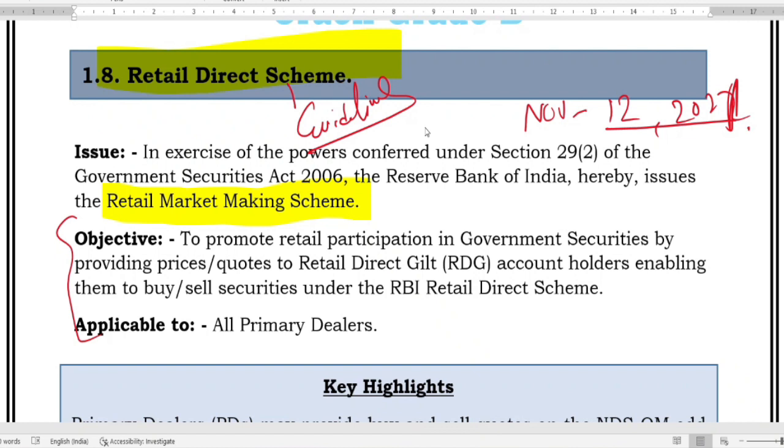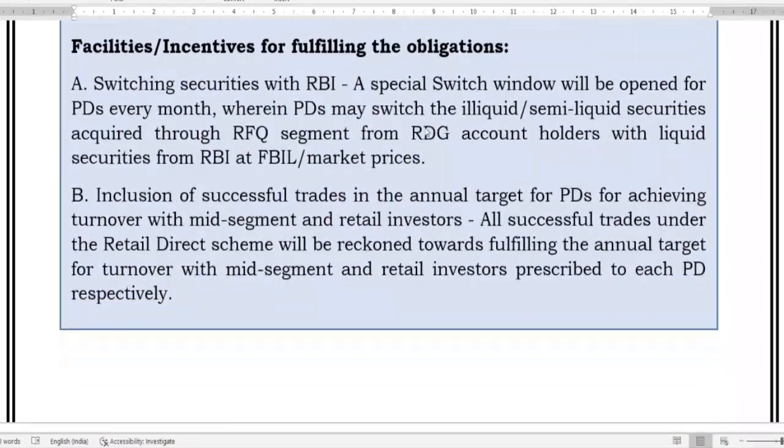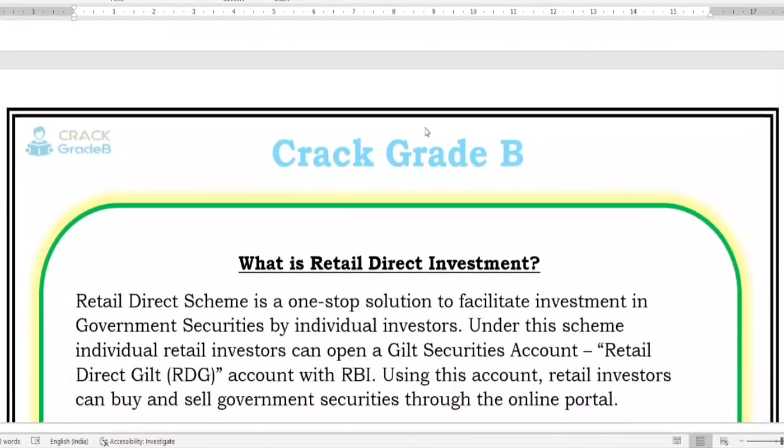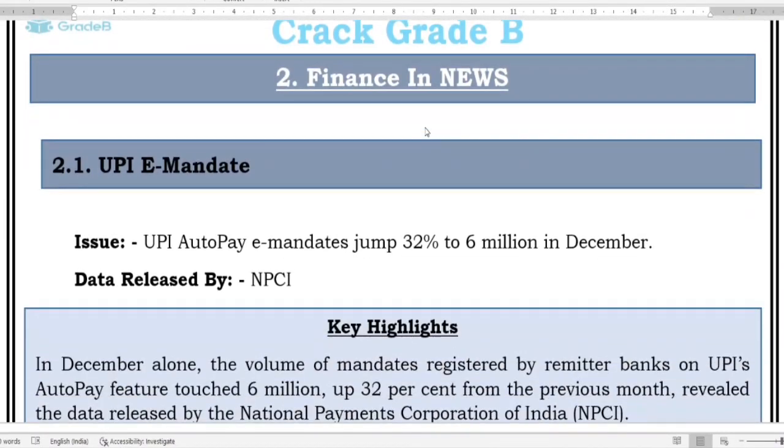But now we as retail investors, we can invest with just rupees 10,000, okay, in the government bond, which is highly secured. So it's an alternative to fixed deposit in banks. The same kind of liquidity you will get. So this is a detailed guidelines. That's it. Now let's move forward with the next news article.